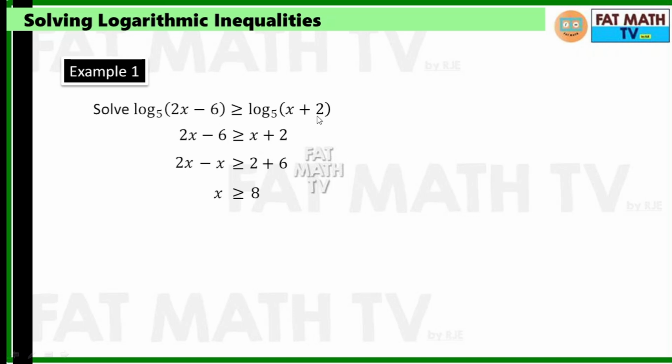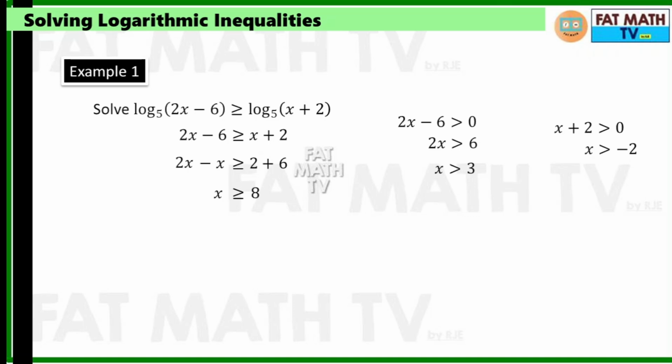Likewise with x plus 2. So x plus 2 and 2x minus 6 should both be greater than 0. So 2x minus 6 is greater than 0 if 2x is greater than 6, and that is if x is greater than 3. x plus 2 is greater than 0 if x is greater than negative 2.